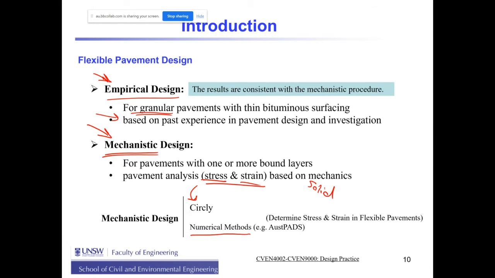For example, you can use Abaqus, ANSYS, or PLAXIS for determination of the level of settlement, and in that case, you can even consider more complex constitutive models for your analysis. You can consider, for example, elastoplastic or viscoplastic models. Or, for example, the nature of the load is cyclic, so you can use models suitable for cyclic analysis. But CIRCLY, as I mentioned, is mainly based on elastic behavior of the material. So it is a very simple program to determine the strains.